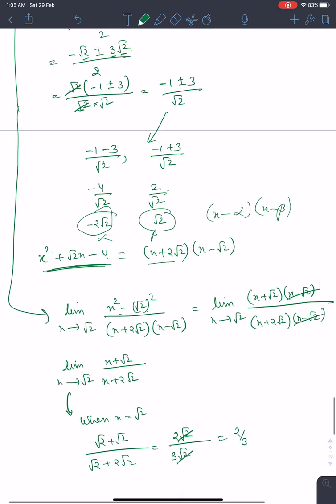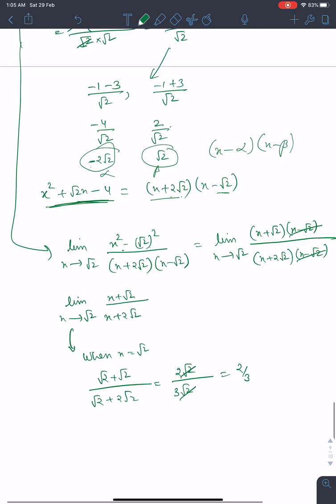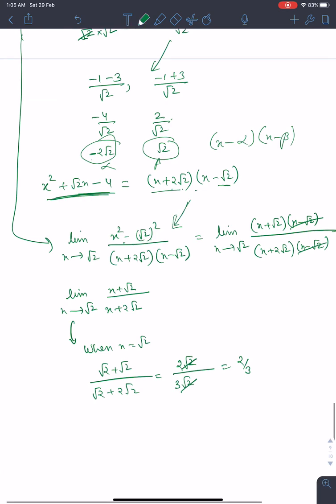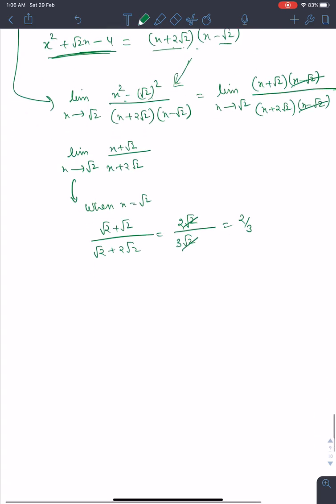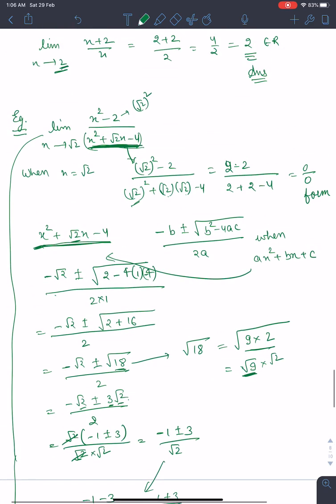So I just use this, because it is of minus, so it is of the positive, and here you are getting negative. After that I just factorized this whole expression, and then one term got cancelled. See, in the factorization method, whenever you are getting the 0 upon 0 form, one of the terms is going to get cancelled. Because of that only it is coming in 0 upon 0 form. Okay, so this is your final answer. I hope this is clear.